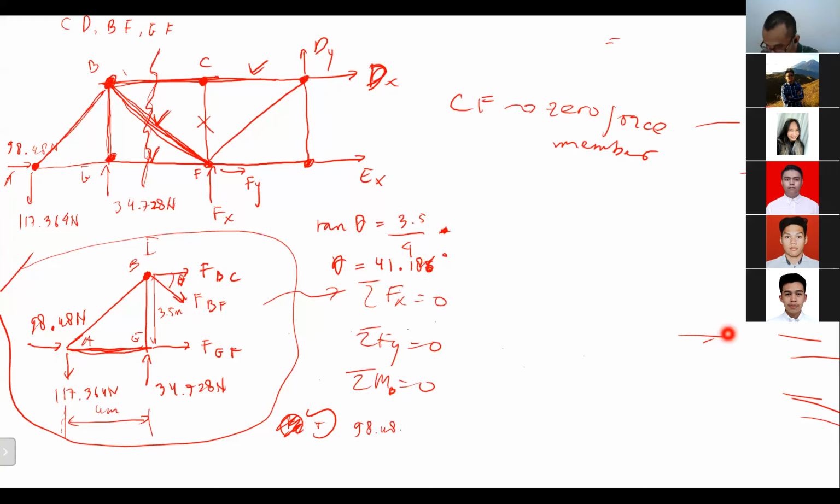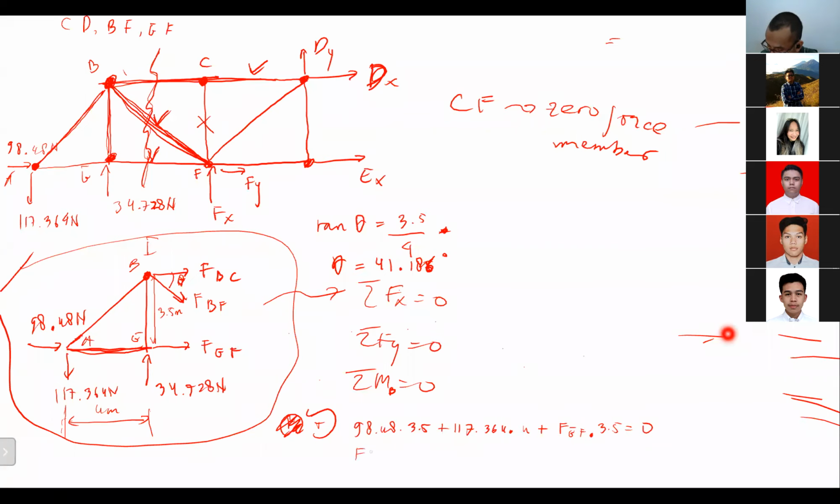Then 98.48 multiplied by 3.5, plus 117.364 multiplied by 4 meter, plus FGF multiplied by 3.5 equal to 0.